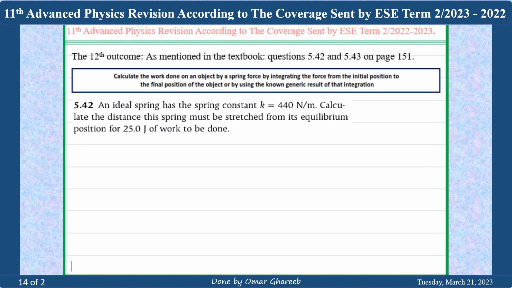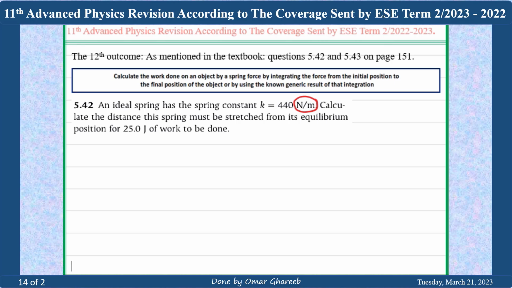5.42, an ideal spring has a spring constant k equals 440 Newton per meter. It is very important to know what the units are. Calculate the distance.